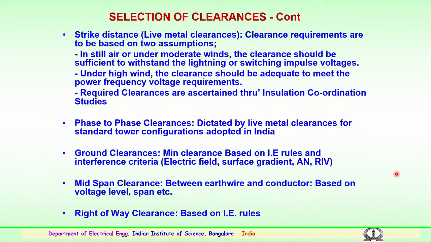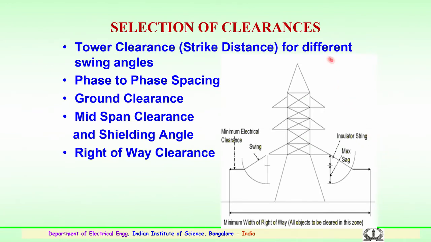So, mid-span clearances, this is again between the topmost portion of the tower, the earth wire where it is connected, and the conductor. The earth wire will be somewhere here. This is the topmost point where the earth wire or the ground wire is completely connected. So, from the earth wire to the third phase conductor, what are the minimum clearances to be adopted, the phase to the earth wire, very very important.